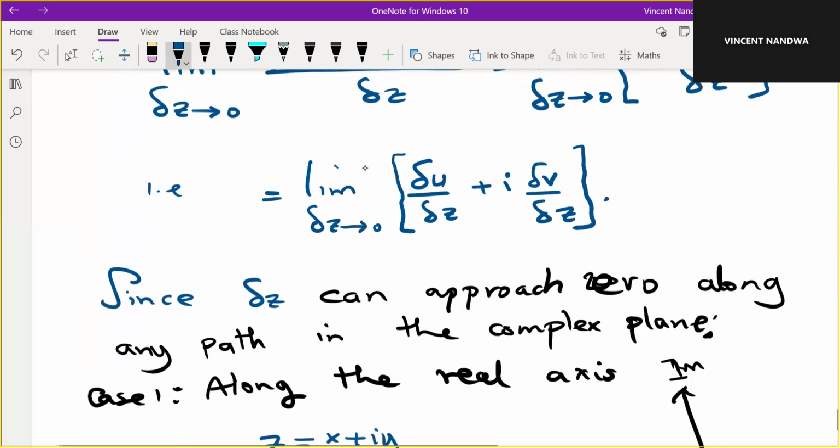So maybe call this equation 1, this expression for the limit as delta z approaches 0 of the difference quotient.